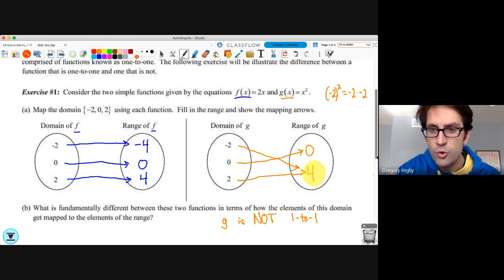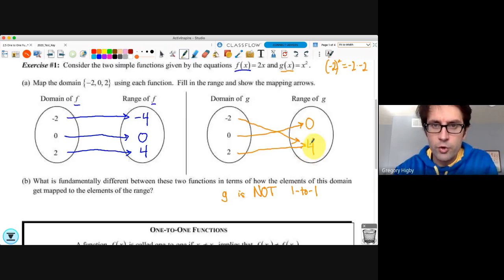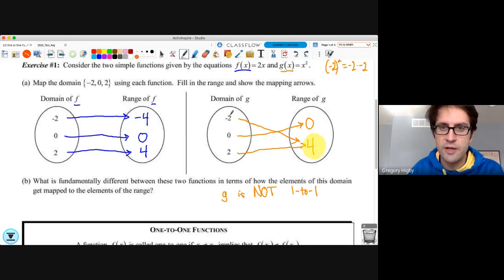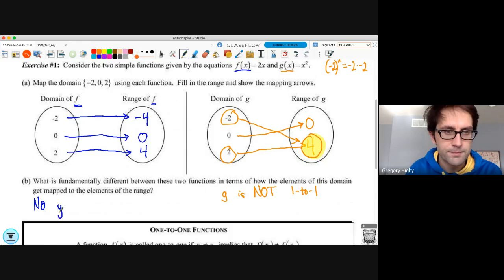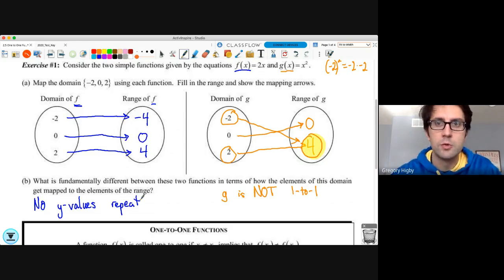And the whole point is that for two different x values, I had two different x values that went to the same y value. Whereas if I look at the domain and range of f, no y values repeat. So for each x value, there's exactly one y value.